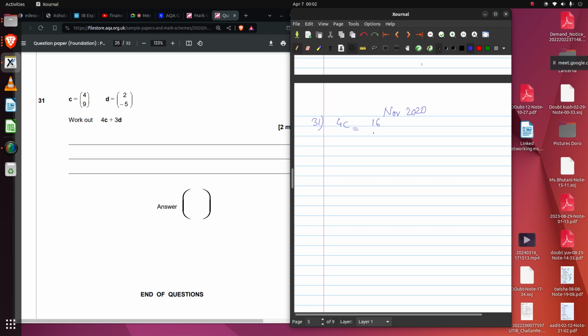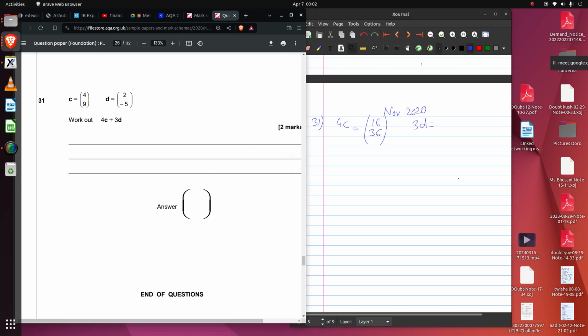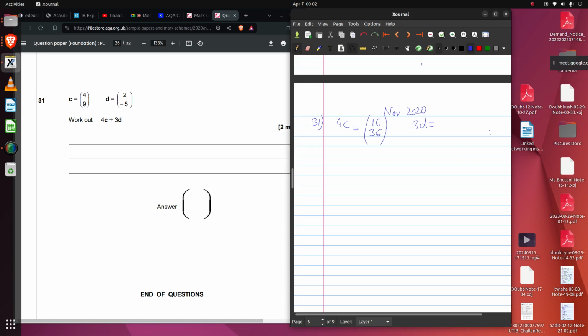What do you get? 4c. Yeah, tell me what it is. 16 with 3d is 6.